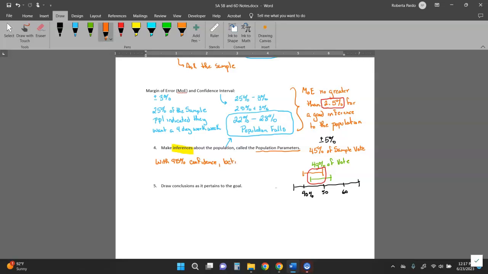between 22% and 28% of, now we're talking about the population, all U.S. adults would like, or are in favor of, a 4-day work week.